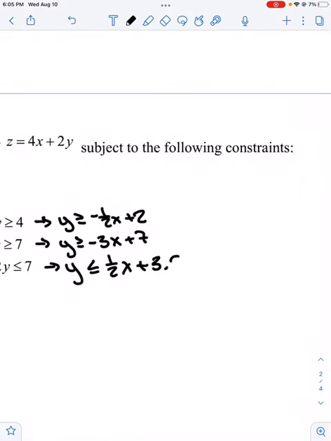I'm going to go ahead and plug in 0, 0 now. And that's not true. 0 is greater than or equal to 7, not true. 0 is less than or equal to 3.5, which is true.